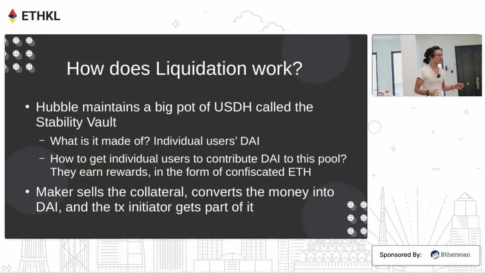Hubble is kind of more centralized. They maintain this big pool of money called the Stability Vault. Everyone, please put your USDH into this vault. In return, you would get some kind of interest. And this big vault is what is going to liquidate bad positions.